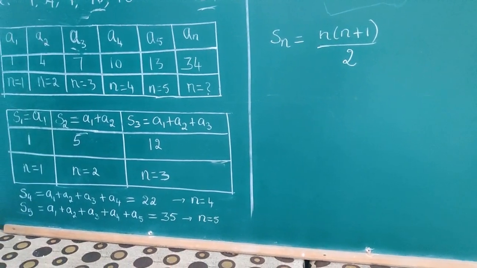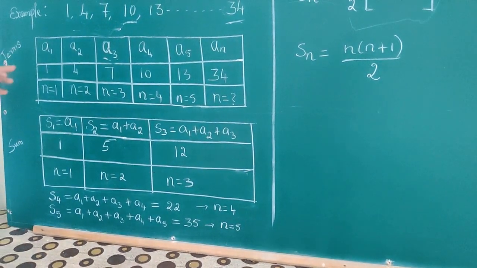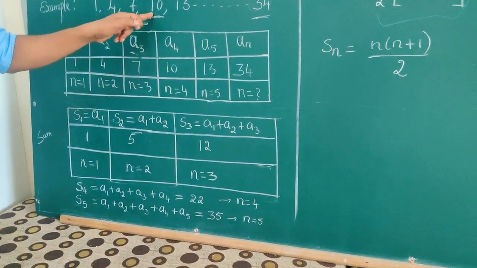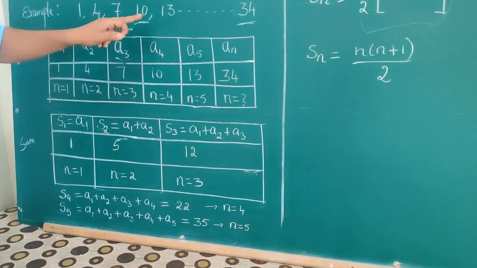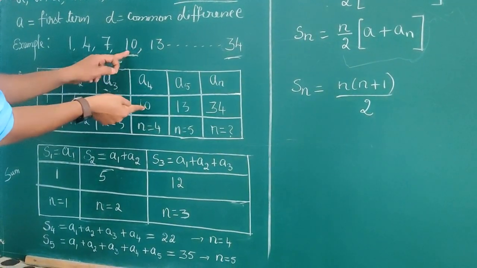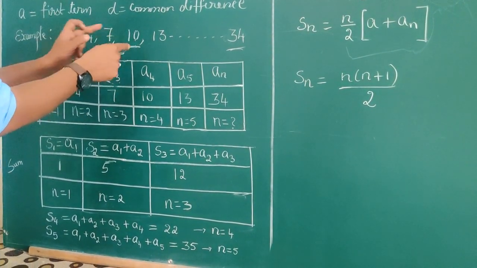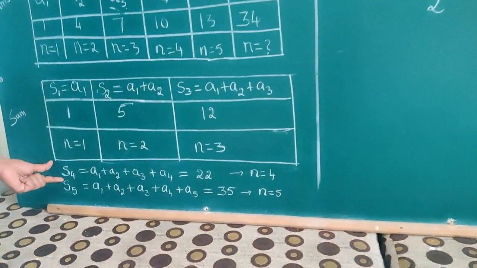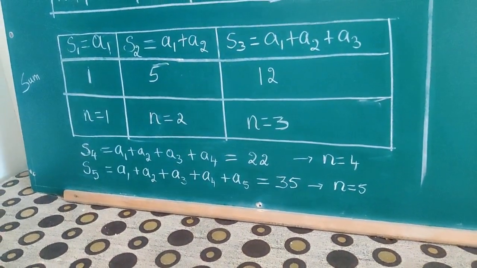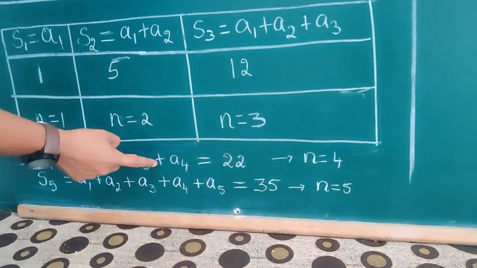Understand? In the same way, A4 and S4. A4 is nothing but the fourth term. What kind of number is present in the fourth place? 10. But S4 means you have to add four terms: A1 plus A2 plus A3 plus A4.